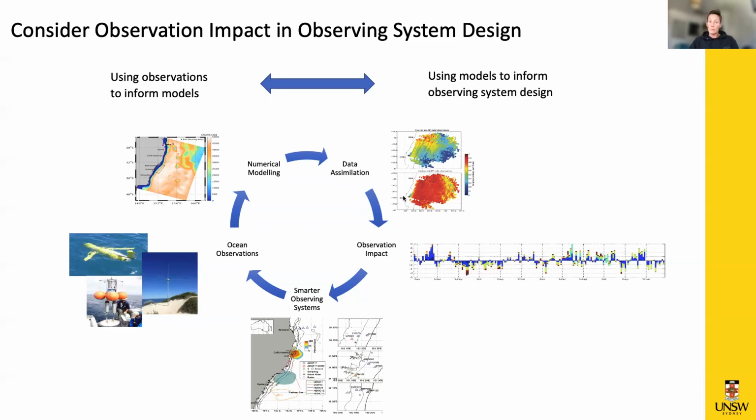We've then assimilated a variety of observations into our numerical models, and understanding the impact of these observations is then able to feed back into the observing system design. So we're hoping that some of this work can motivate smarter observing systems and therefore move towards improved prediction and improved understanding of the important processes in the EAC. Thank you.